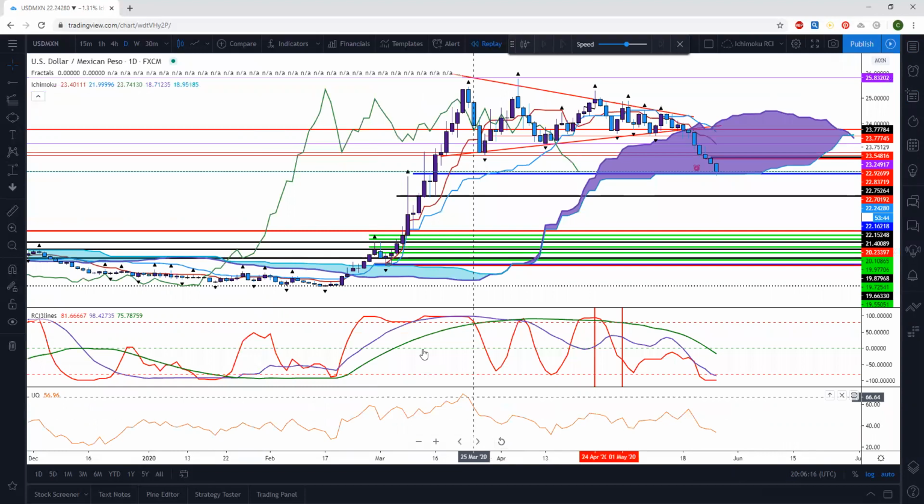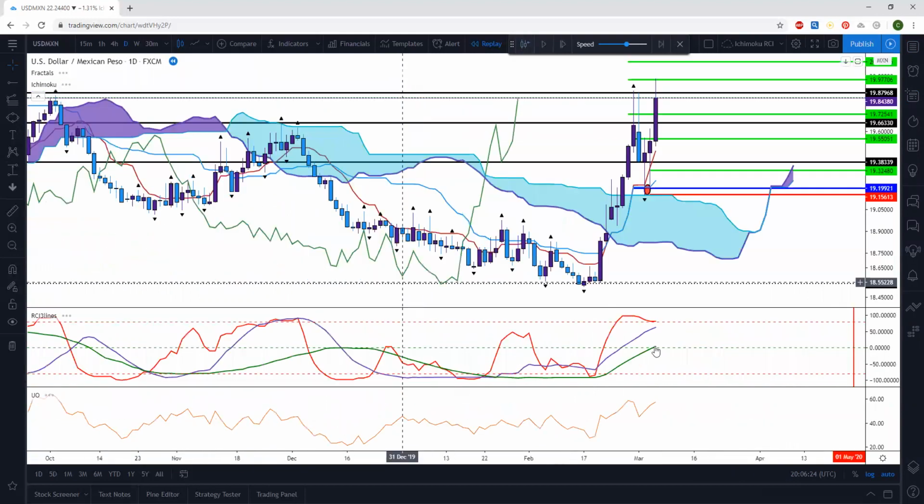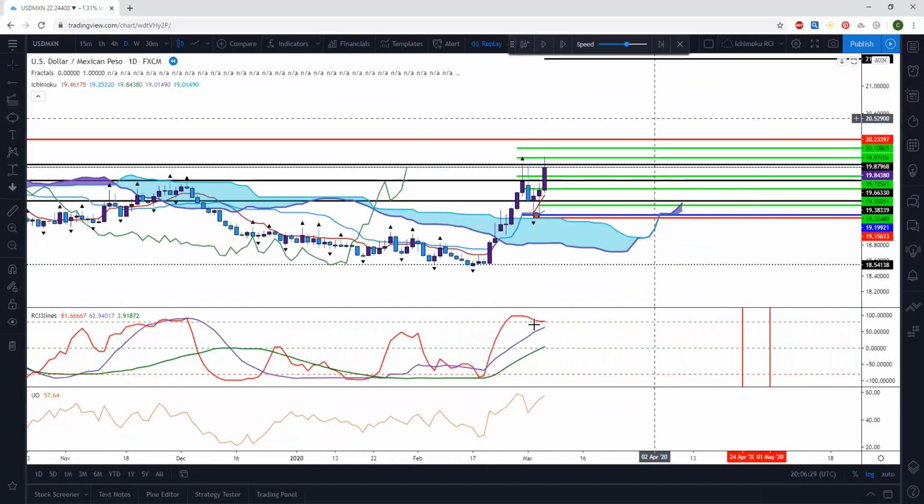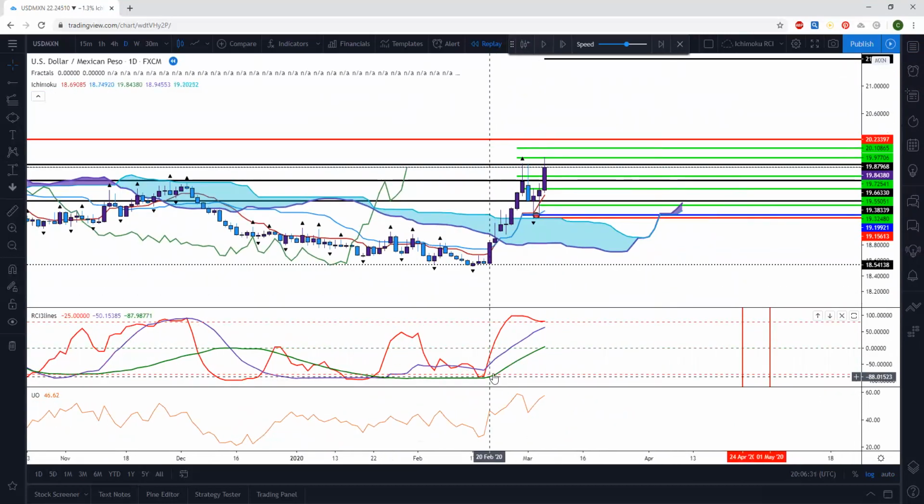Now let's see. Let me rewind back a little bit about right here. Oh yeah, you could have definitely held this trade for that. Look at what the RCI was saying right here. The green line, which is the overall trend, was pointing up and over zero.